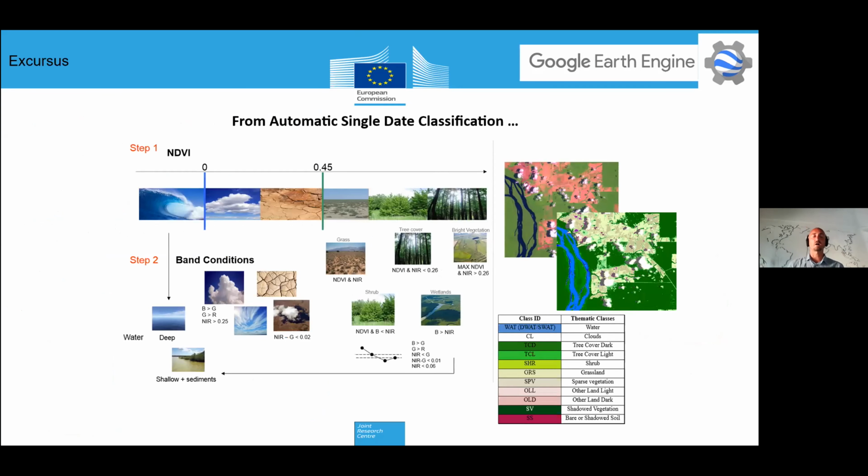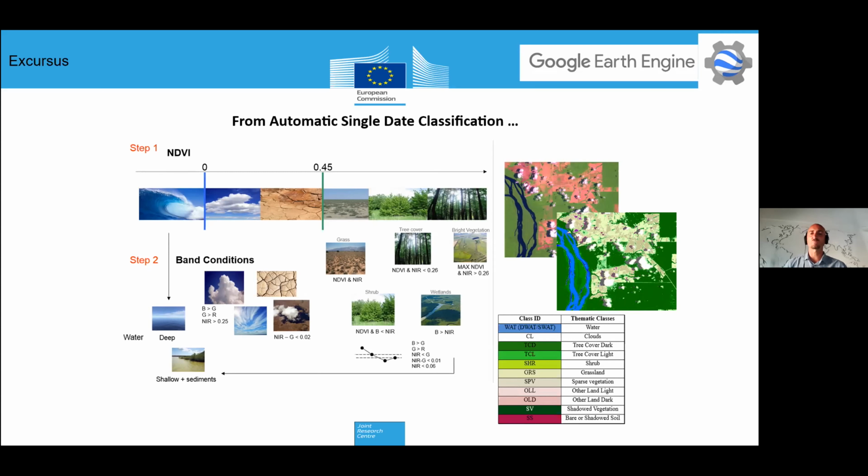Just to give an idea of the classification algorithm I implemented in Impact, that is publicly available also as a Google Earth Engine code. It's very basic. It's starting from an NDVI classification, adding some band combination, relation between bands and indices in order to split and to categorize the amount of pixels in input into some thematic classes.